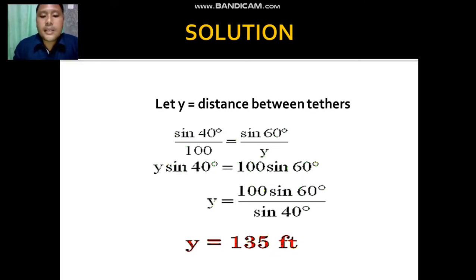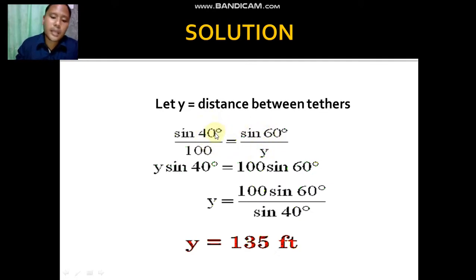You can see that still acute angle alpha equals 40 degrees, side A equals 100, and we also see that gamma equals 60 degrees, and side C equals the variable y, the unknown. To solve this one, same with the first solution, let us apply the cross multiplication in this simple equation.